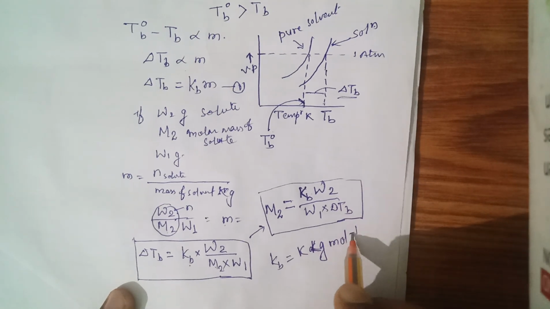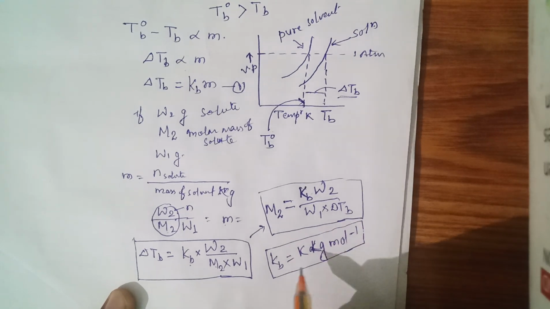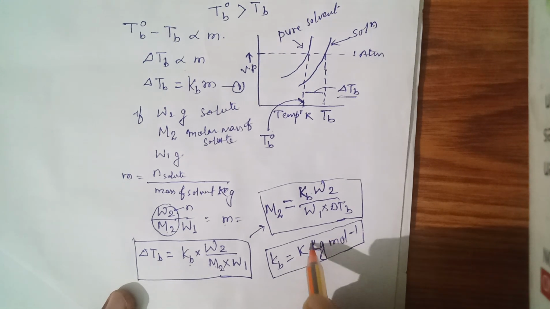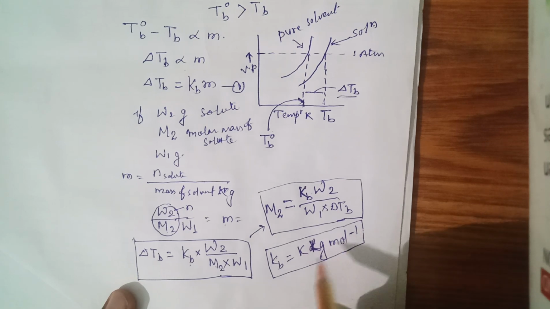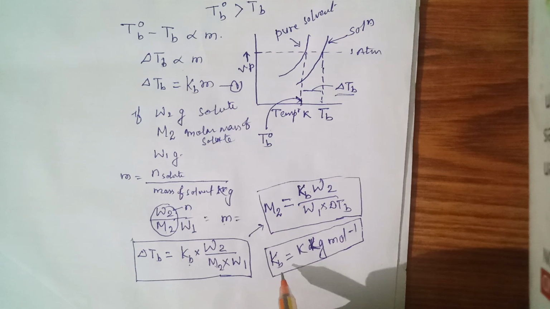Kelvin kg per mole is the unit for the molal elevation in boiling point constant. This is the unit for the Kb value.